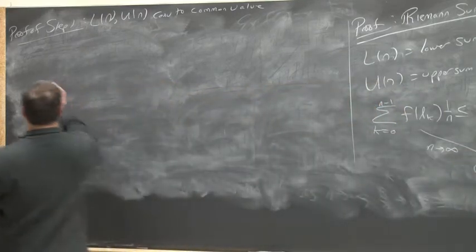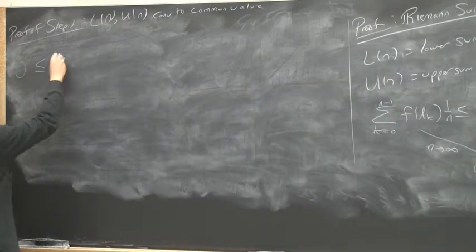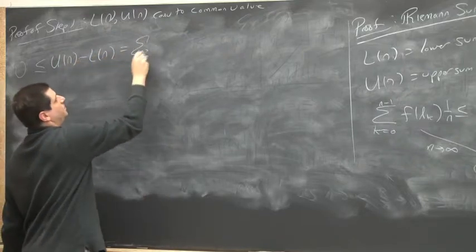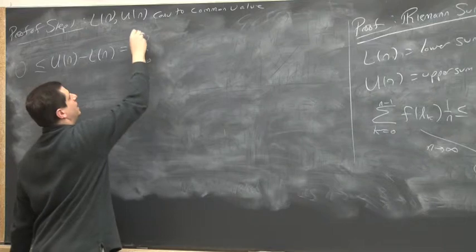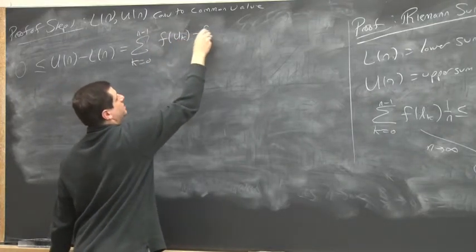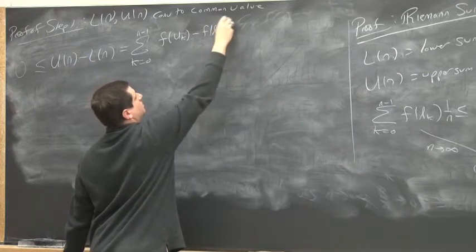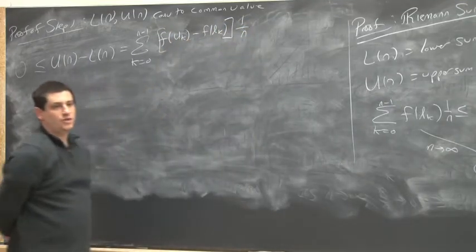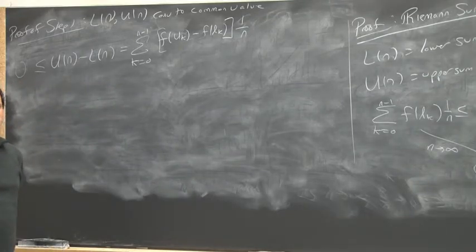So we know 0 is less than or equal to un minus ln, which is the sum, k goes from 0 to n minus 1, of f of uk minus f of lk, times 1 over n. So we want to show this difference goes to 0.